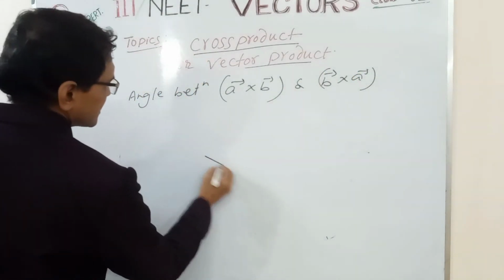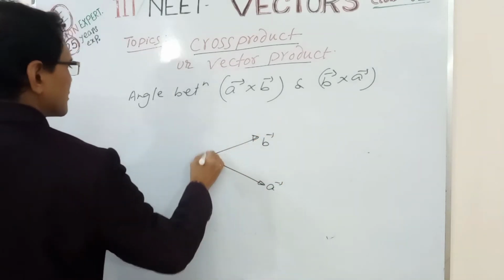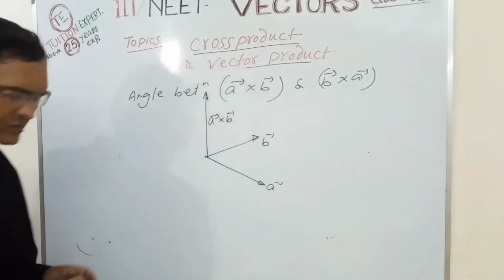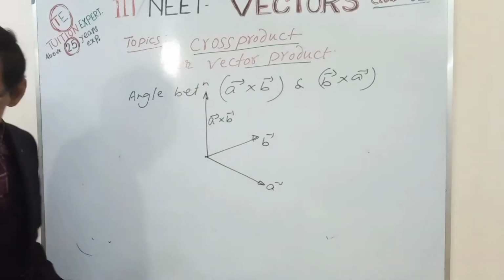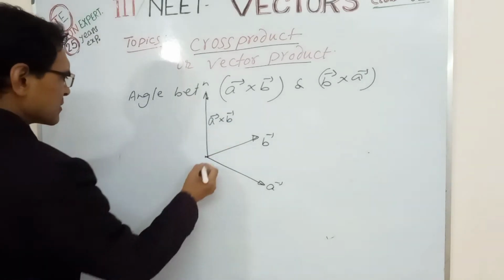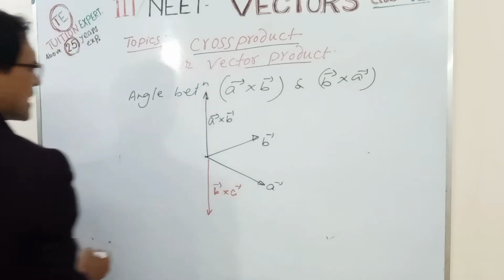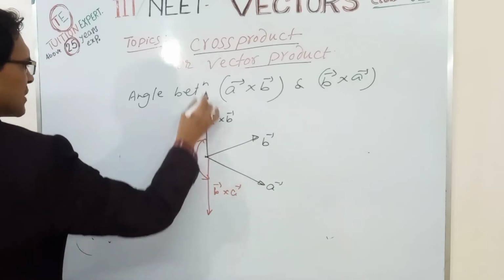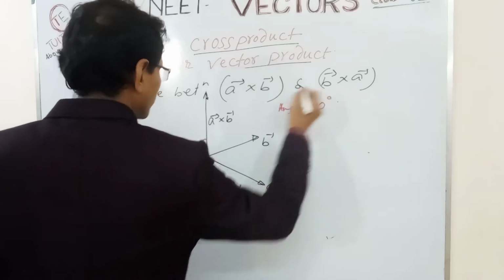So if this is A, this is B, then this is A cross B. From A to B, if we turn A to B, then A cross B is in this direction, and B cross A, if we turn from B to A, is in the opposite direction. So what is the angle? The angle becomes 180 degrees. The answer is 180 degrees.